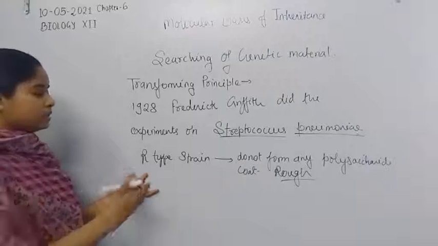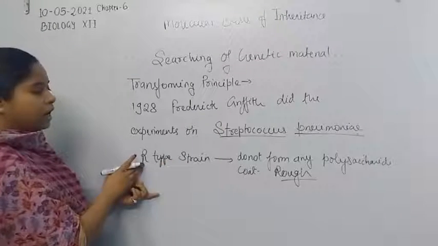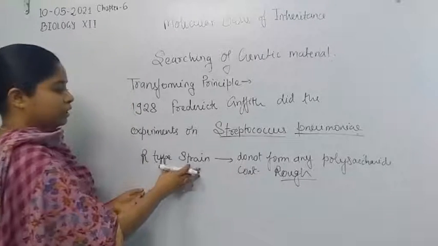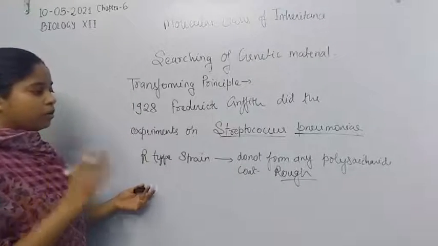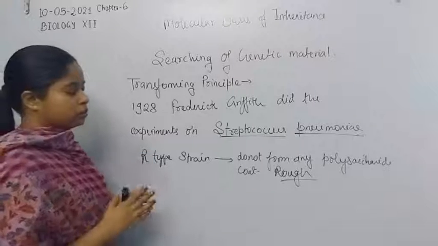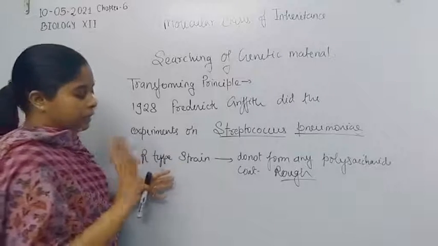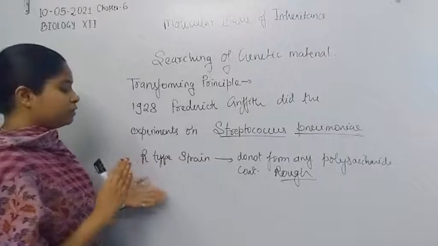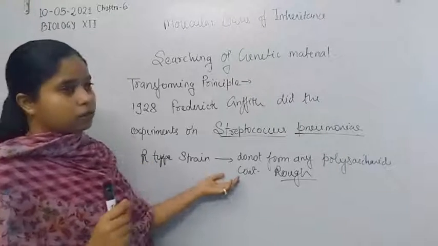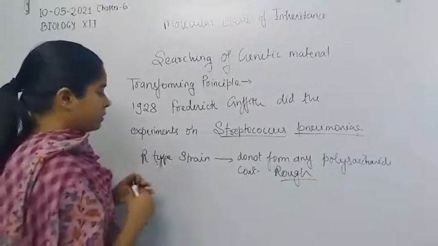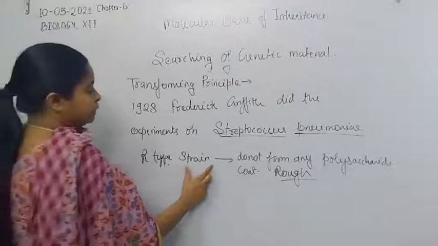So they are considered R type, R for rough type strain, where the polysaccharide is not synthesized over the cell wall of the bacteria, so the bacteria look rough in texture. That's why they are considered a rough type of strain.